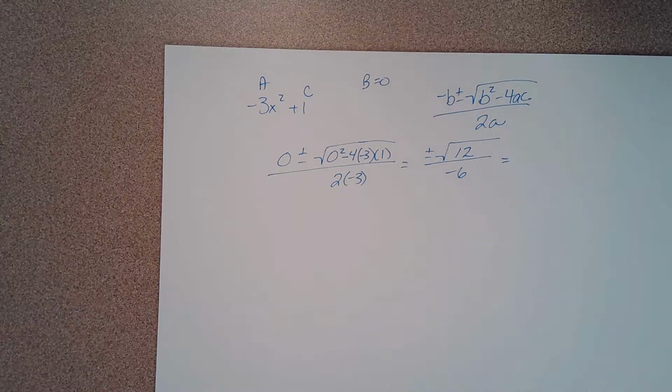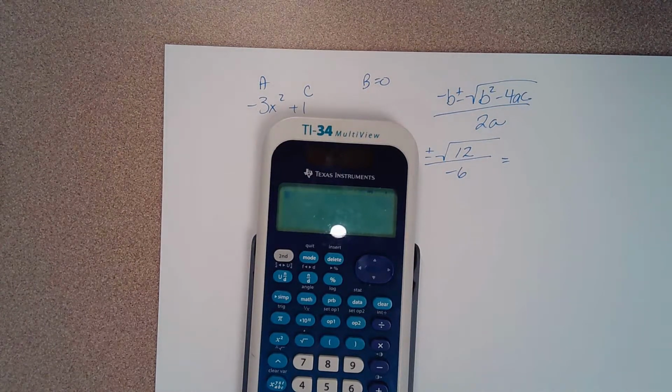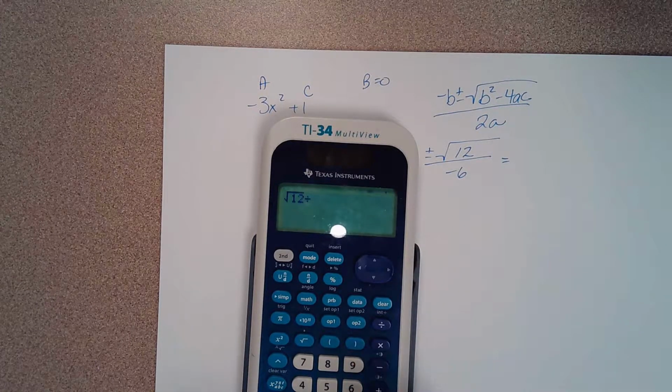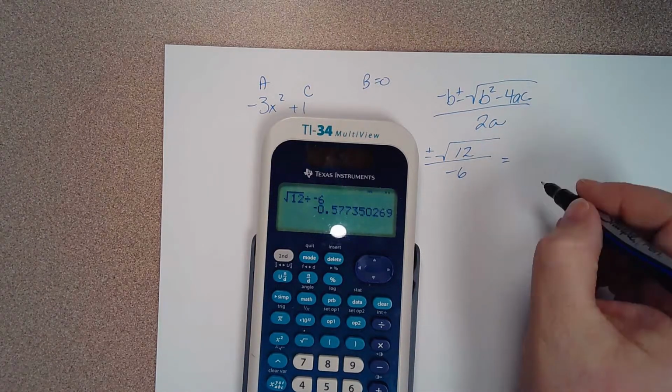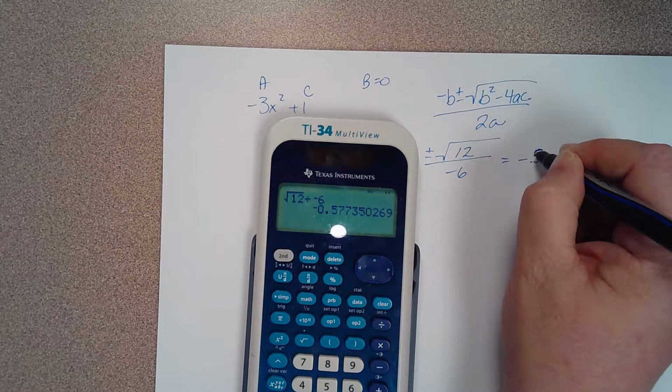When I put this in the calculator, I'm going to show you what it looks like. It's going to be the square root of 12 divided by negative 6, and I'm going to end up with negative 0.5. Actually, it's going to be negative 0.6.